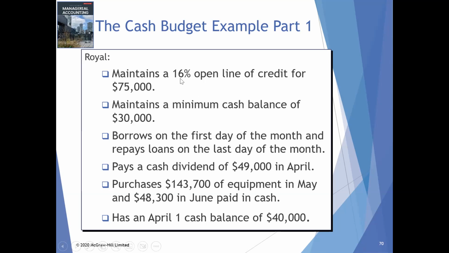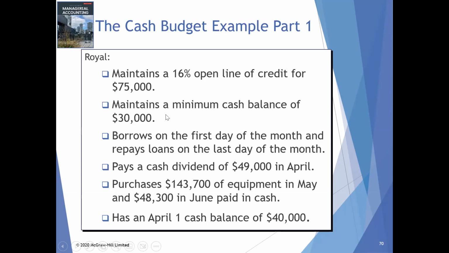If they use up to $75,000, they will pay 16% interest per year, not per month, right? So we will calculate by dividing by 4, because there are 4 quarters. So for 1 quarter, how much if there is a loan? Only if there is a deficiency of cash will we have this backup plan.